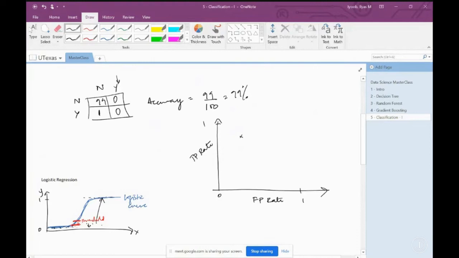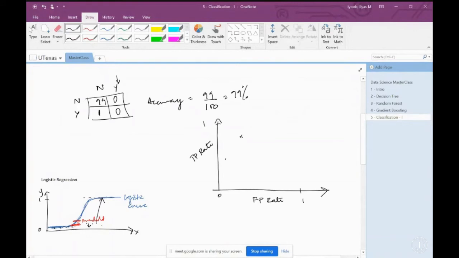true positives, as our threshold goes down, our true positives might go down, but our false positives also might go down, right? So you might end up with some point, lower true positives and lower false positives.